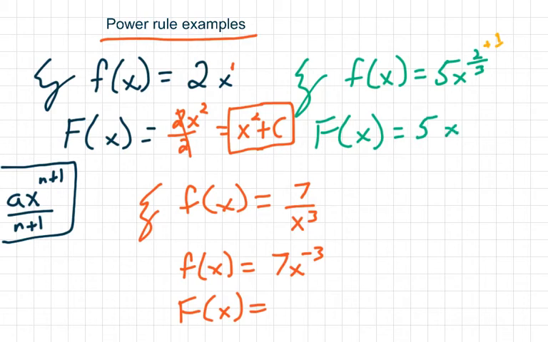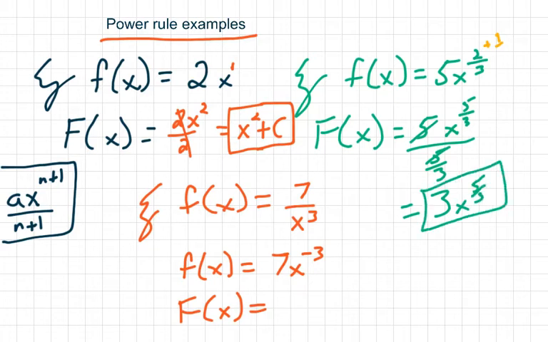If I add 2/3 and 3 over 3, I get 5/3. Now it's divided by 5/3. But when we reciprocal that, we're going to end up canceling those 5's out, and it's going to end up as 3x to the 5/3 as our final answer.